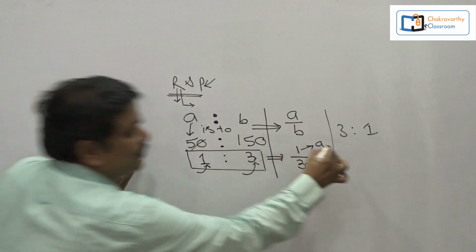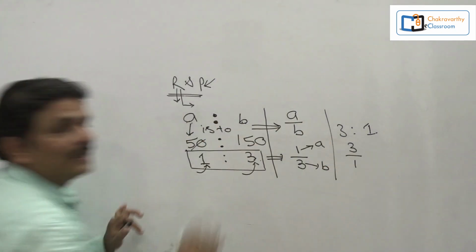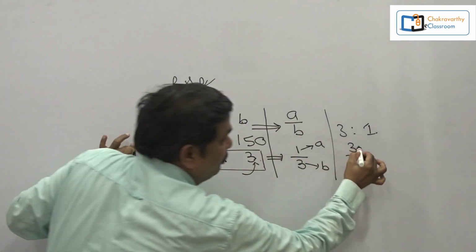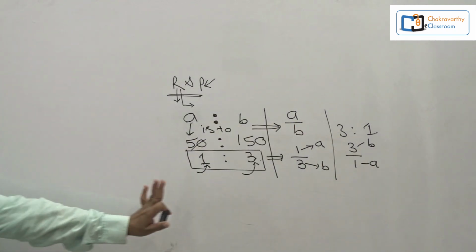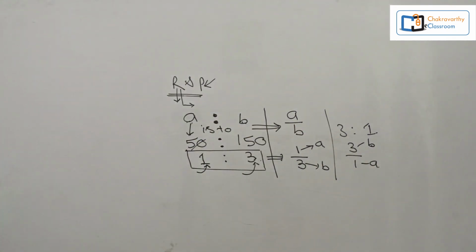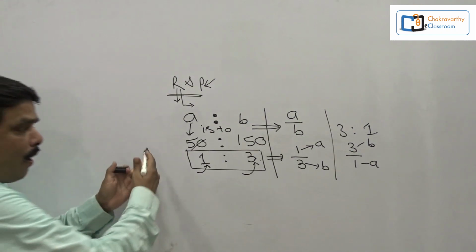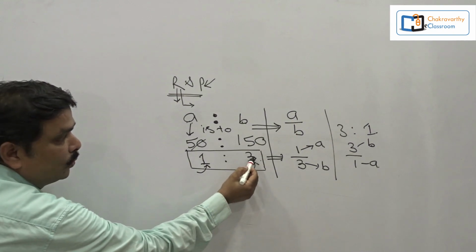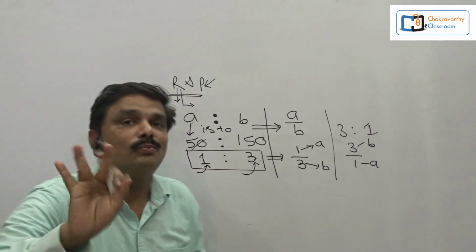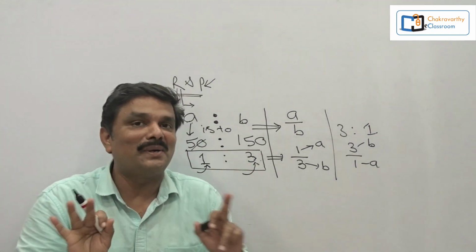So what's the meaning of this one? 3/1, if you take in this way. So here, B is having 3 rupees, A is having 1 rupee in the relationship as far as ratio is concerned. That means, at any point of time, B should have 3 times more money than A. Try to understand this one.